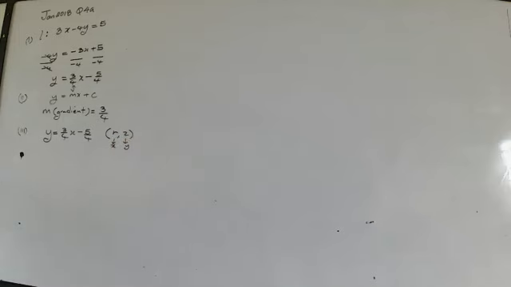Put them in the equation and solve the equation. What is y? 2. 2 is equal to 3 over 4 times x. What is x? R, minus 5 over 4. 2 over 1 is equal to 3r minus 5 over 4.